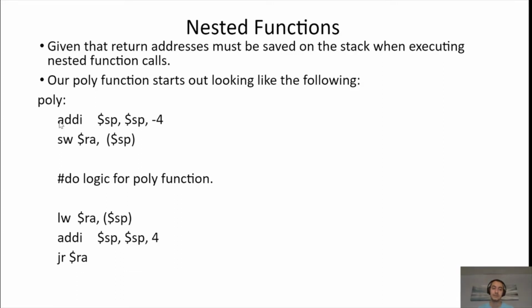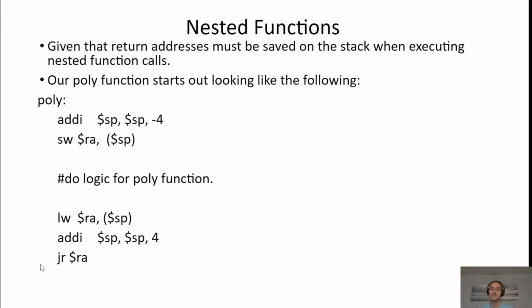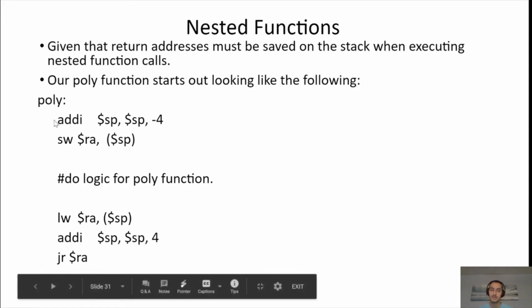So some registers have to be untouched, basically. That means if you look before poly and after poly, these register values should remain constant, so they shouldn't change. Here we put it on the stack, and right before doing the jump register or return, we are restoring that from the stack.